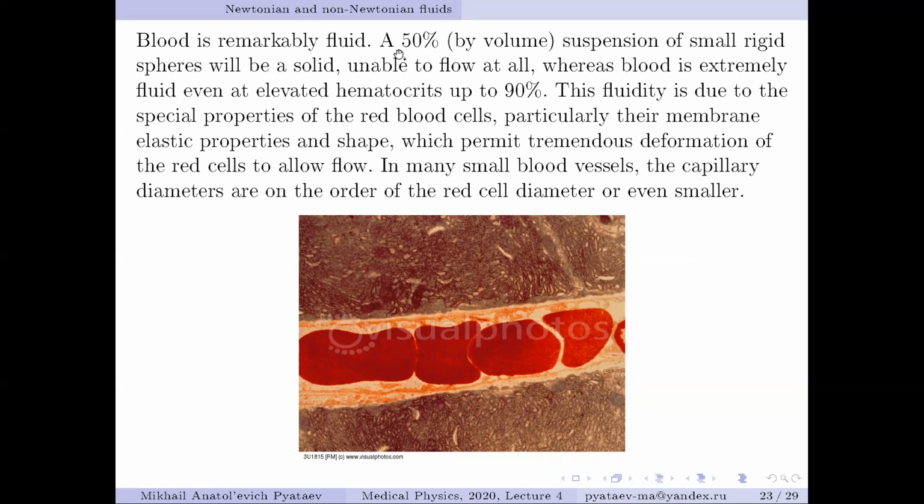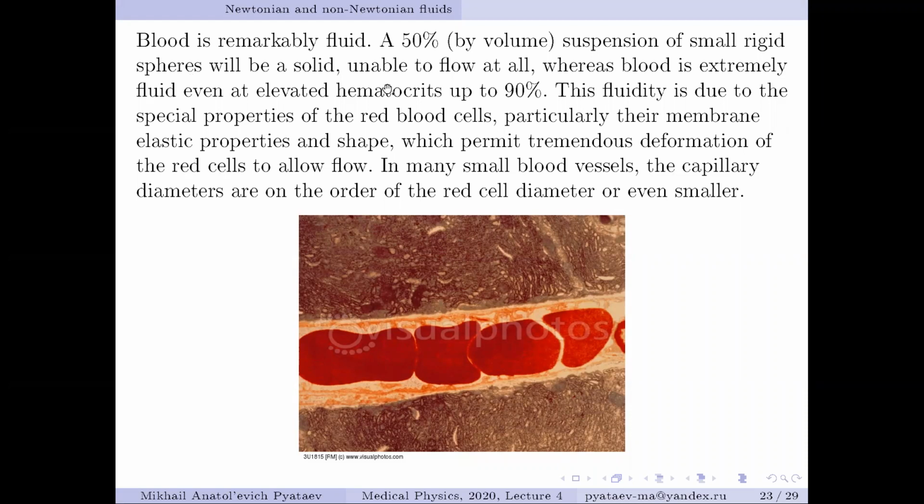Oh, I'm sorry. It is not about blood, it is about some sort of suspension of small rigid spheres. It is said here that if those spheres occupied 50% of volume, then the liquid becomes a solid which will be unable to flow.